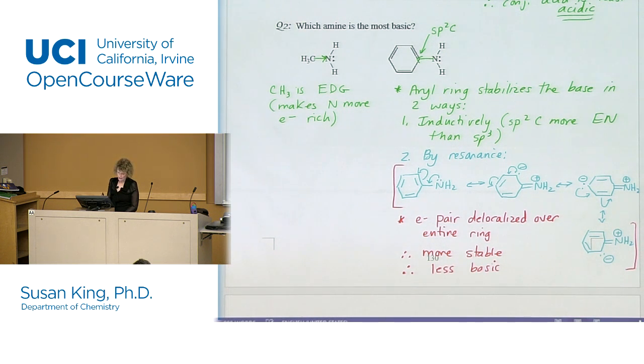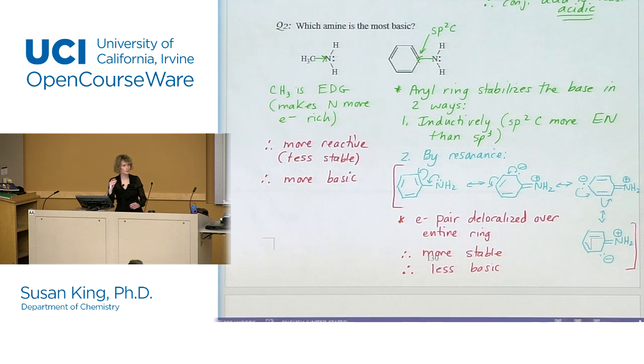Over here, we don't have any stabilization by resonance, and we have a destabilizing inductive effect. So this one's going to be more reactive, or another way of saying that is less stable. And therefore, it's going to be more basic.